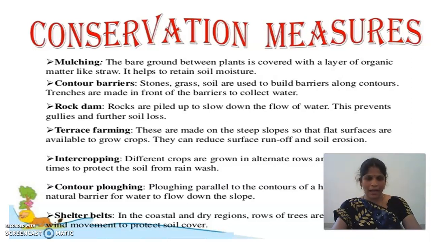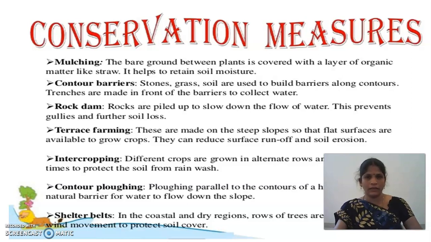Also in barren land or big areas they plant continuous trees to check the high speed of the wind. In coastal and dry regions, rows of trees are planted to check wind movement and protect the soil cover.